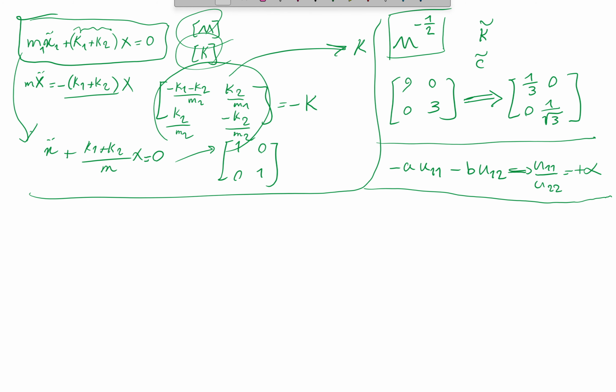Also, it's not a very big deal, but I think it's good to have in mind. Let's say you're calculating the natural frequencies or the eigenvalues, and you have two eigenvalues, like one is 3 and one is 1/3. Pay attention: the smaller value is the first eigenvalue, and the larger value is the second eigenvalue.